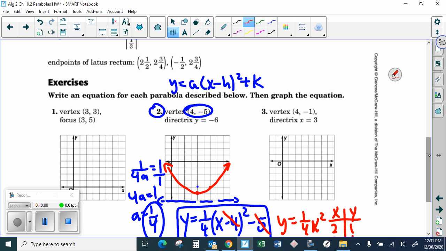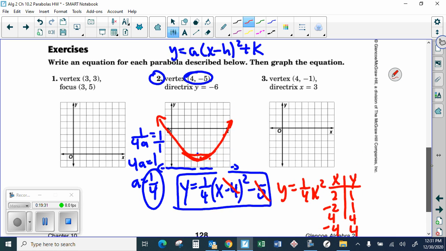That would be more accurate, and there would be my more accurate parabola if I want to do that. You do not have to plot the latus rectum. They're not asking you that.